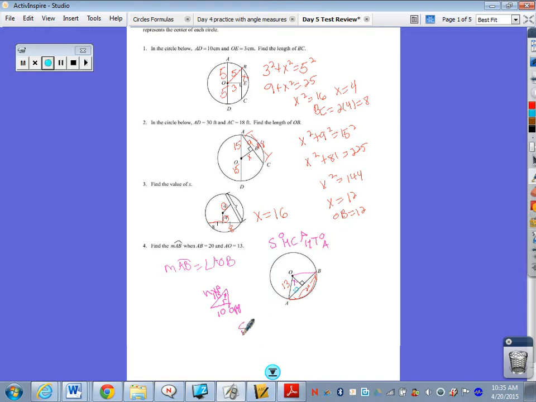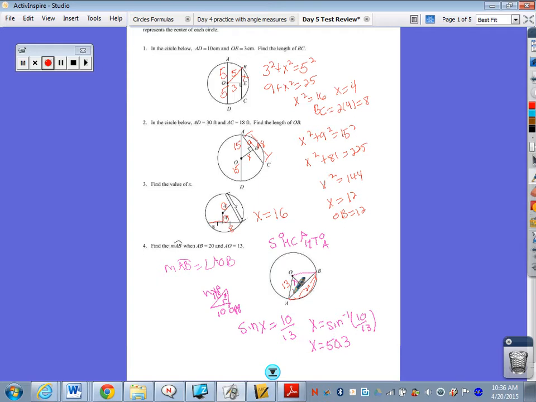is sine. So I'm going to do sine of x is equal to 10 over 13. Remember, you have to do the inverse, so the little -1 in your calculator. So you're going to do the inverse to find it. If you do that, you're going to get 50.3 if you round to the nearest tenth.